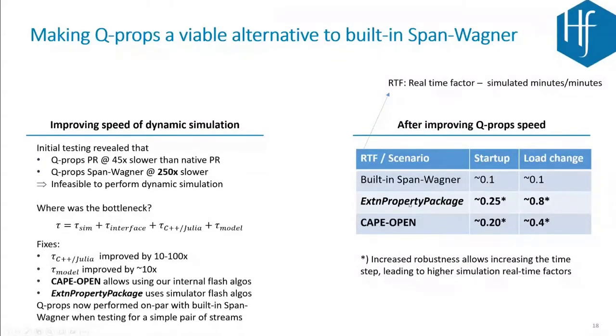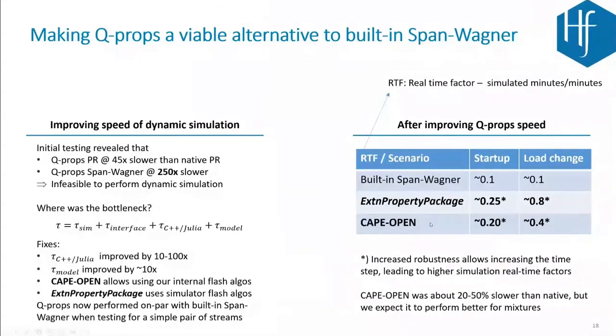We do see that CAPE-OPEN is about 20 to 50% slower than the EXTN property package. But what is special about CAPE-OPEN is that it allows us to use all of our internal flash algorithms, whereas the EXTN property package uses the simulator's flash algorithms. So we expect CAPE-OPEN to give better results for mixtures.